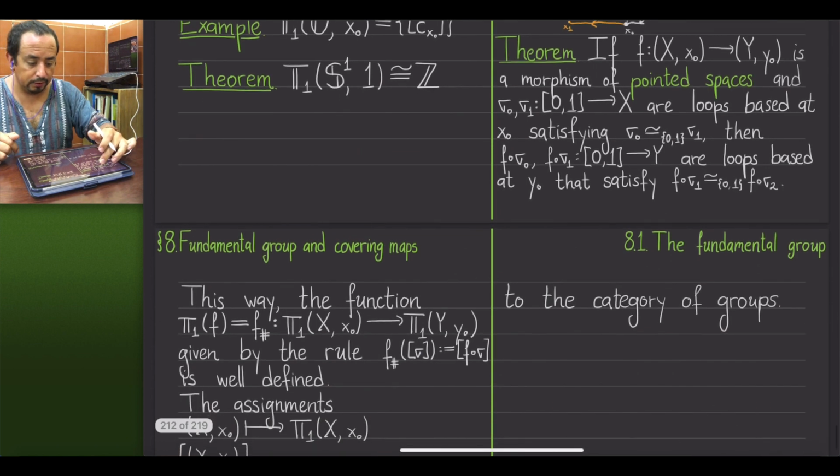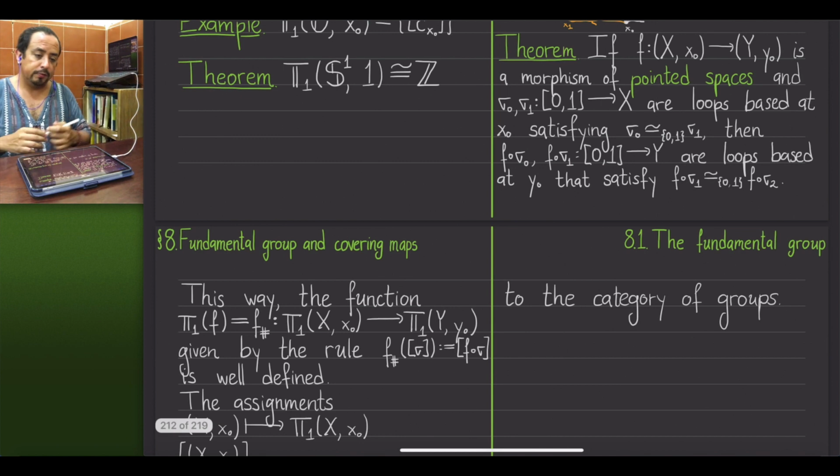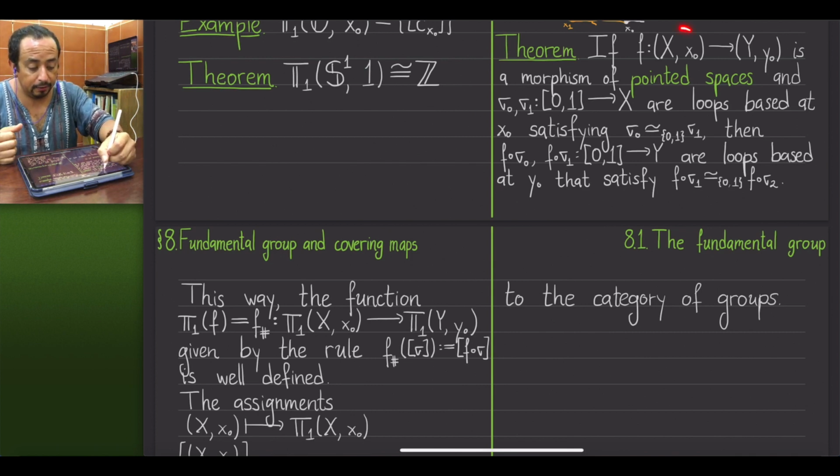The last thing I want to say is that the fundamental group is actually a functor from the category of pointed topological spaces to the category of groups. Now, what is a pointed topological space? Well, it is a pair consisting of a topological space and a point in the space.